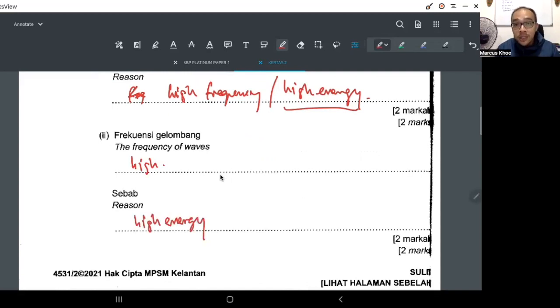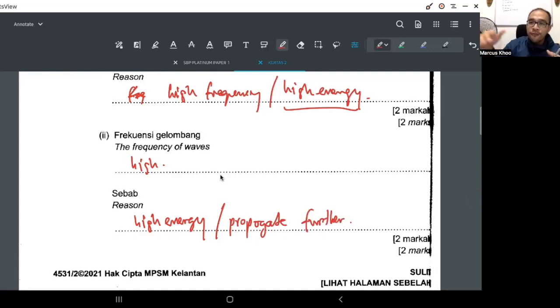High energy waves, like ultrasonic waves, are usually associated with can travel further, can propagate further, because it has high energy. But we don't say because it can walk further or travel further. Remember, propagate is a very specific wave terminology.